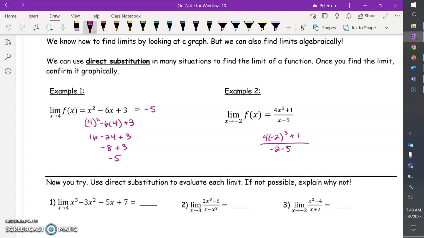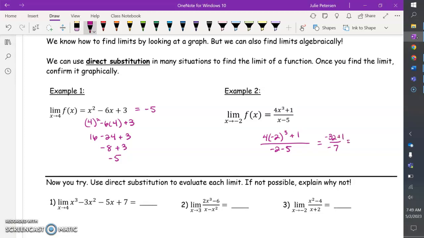Okay, so here we go. On the bottom, negative 2 minus 5, that's negative 7. And then let's start with the negative 2 cubed in the numerator. That's going to be negative 2 times negative 2 times negative 2. That's negative 8. Times 4 is negative 32. Don't distribute that 4 in. We do the power first, then we multiply. And then plus 1.